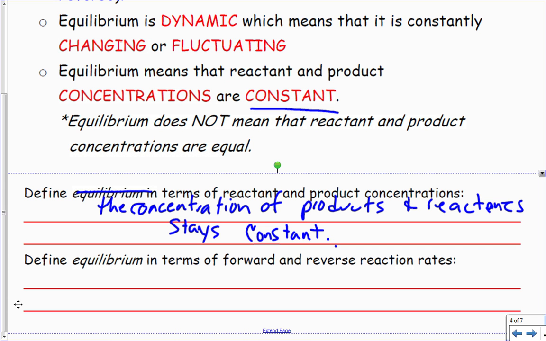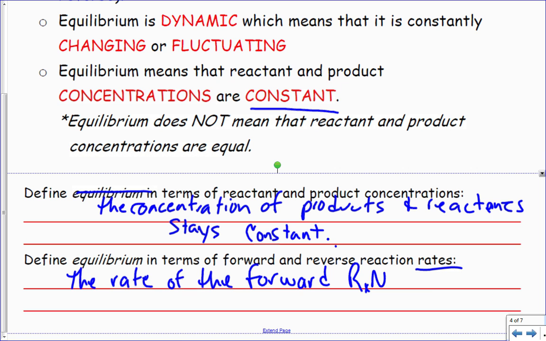Define equilibrium in terms of forward and reverse reaction rates. The rate of the forward reaction equals the rate of the reverse reaction.